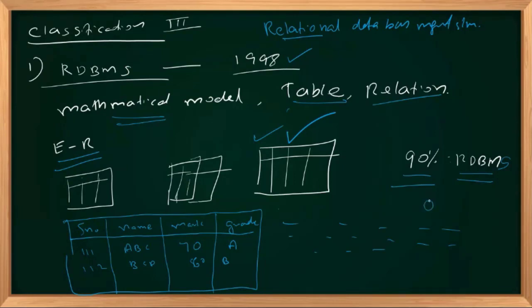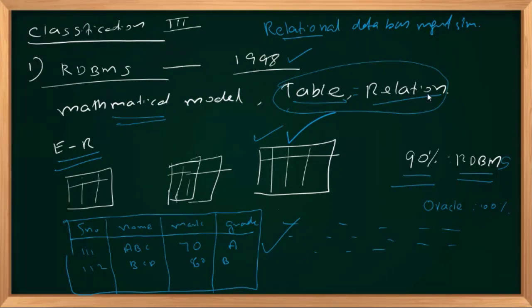Oracle is 100% RDBMS software. RDBMS means data stored in a table manner. Table is known as relation.